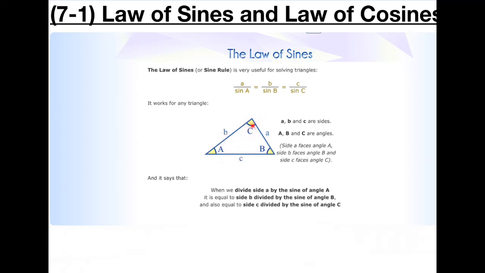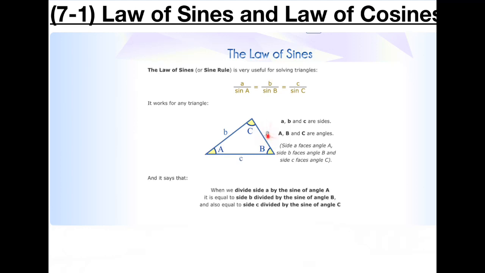So let's imagine you have a triangle like this. Then the law of sines reads like this. If you choose a vertex like A here, and just look at the side opposite to that one, it's given by little a.